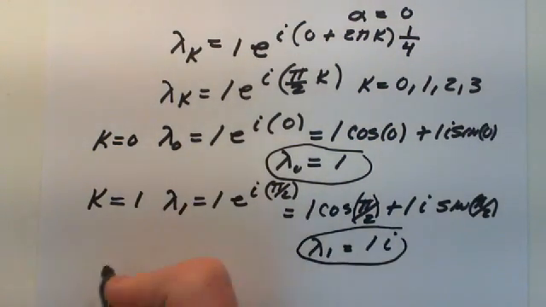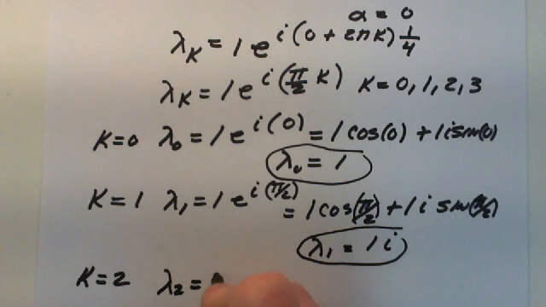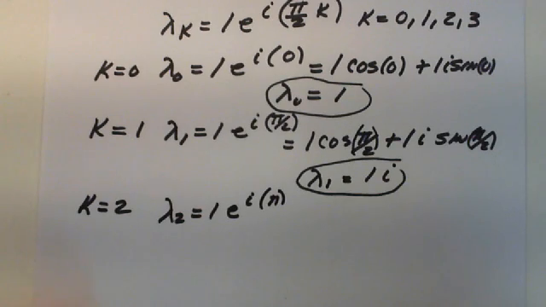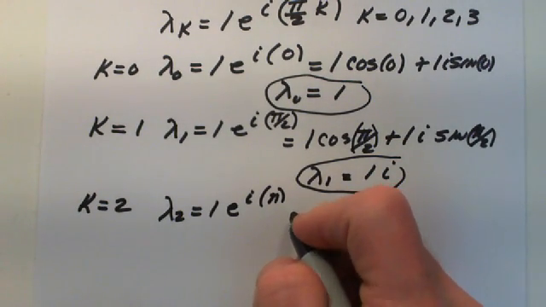Okay, let's go ahead and do the next condition. We're going to let k equal 2. So lambda 2 is going to equal 1 times e to the i, and that's going to take us directly to pi. Move this up a little bit. So again, we put that back into polar form.